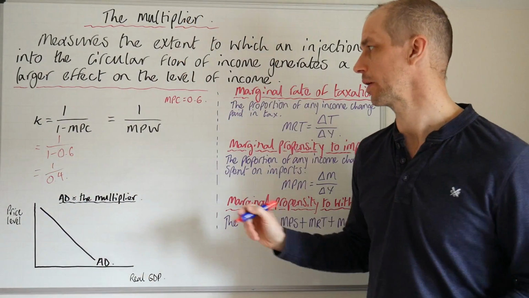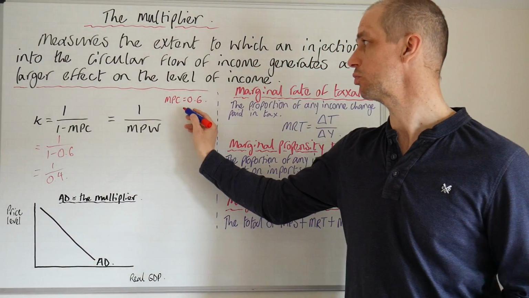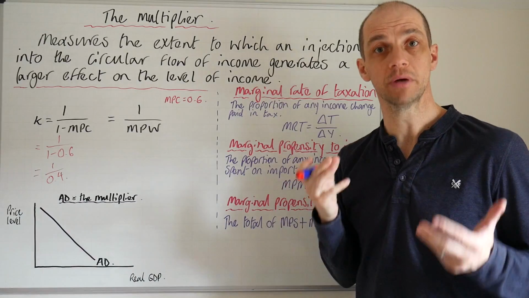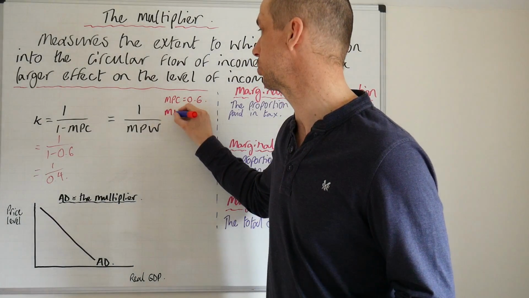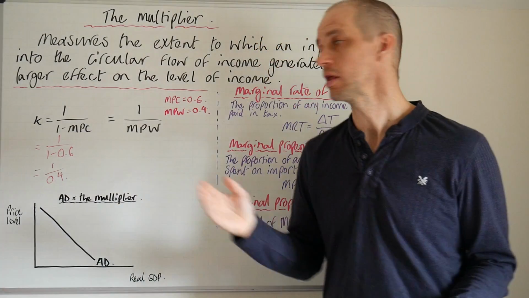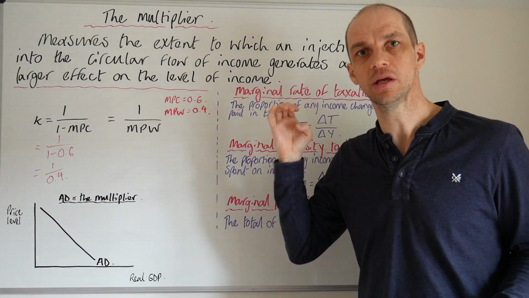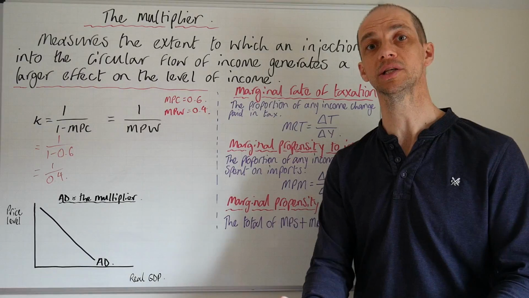Now if we have a look at the actual MPW, if the marginal propensity to consume is 0.6, then the marginal propensity to withdraw will be 0.4. You can see it adds up to 1, because that is the total increase in income.